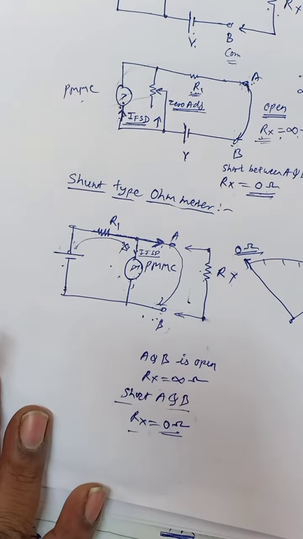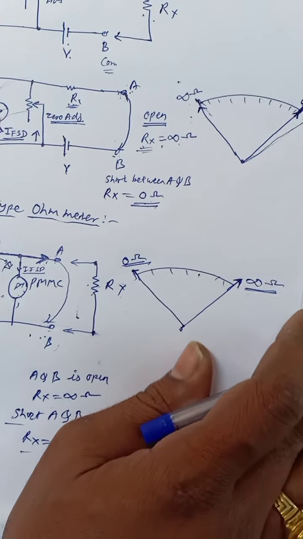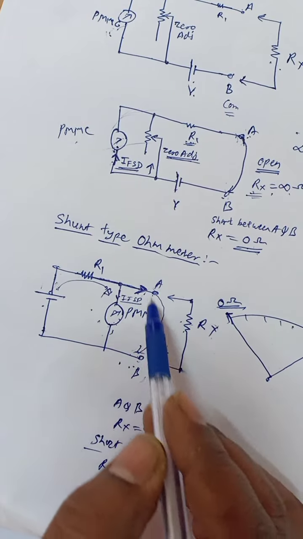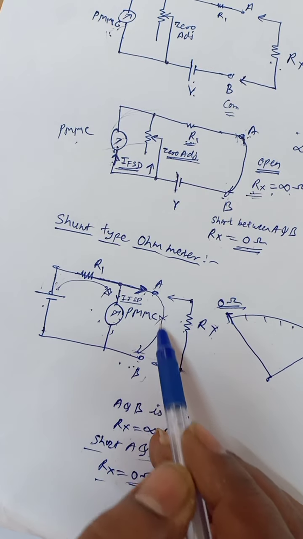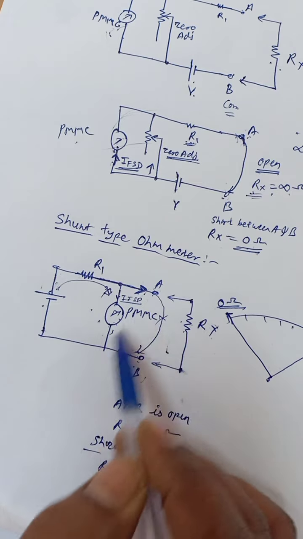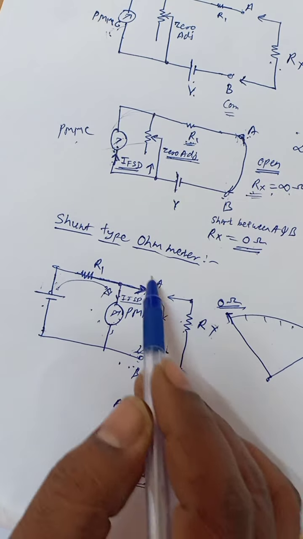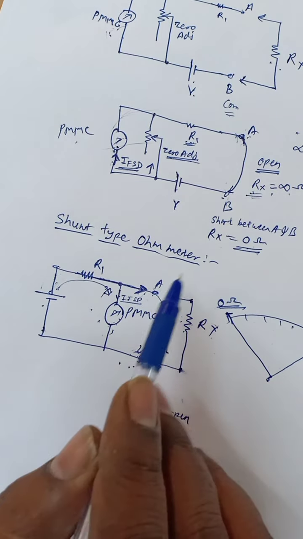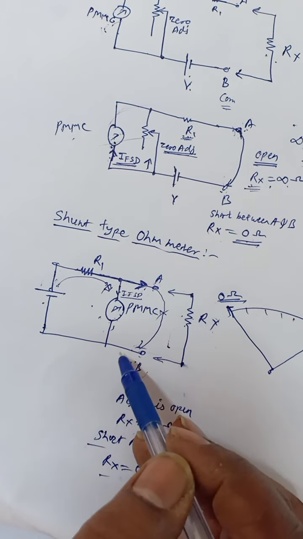Okay, so the main thing is that if this meter is not in use, then the A and B terminals are kept open. We know that if the meter is not in use, there is no need to connect the A and B terminals, so they are kept open.